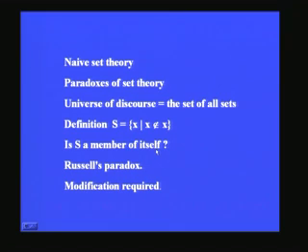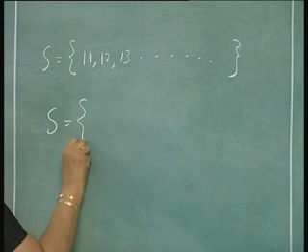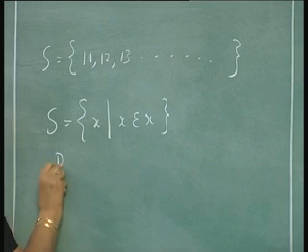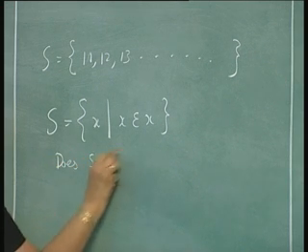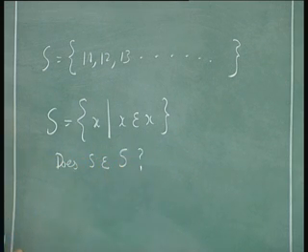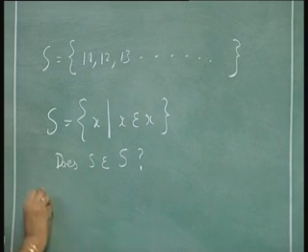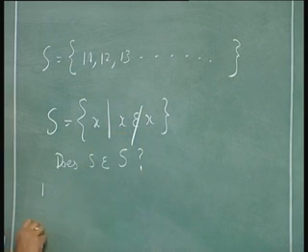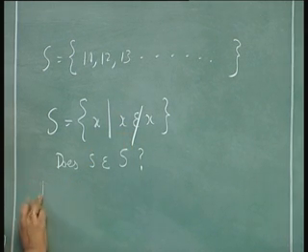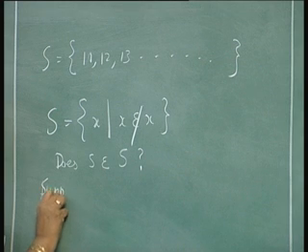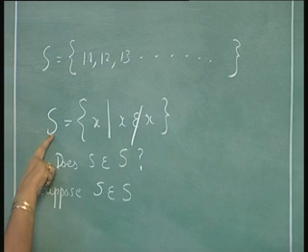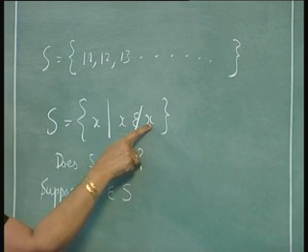What will happen? Just discuss this. S is equal to {x | x does not belong to x}. Does S belong to S? This is the question. Suppose S belongs to S. S consists of all sets which do not belong to themselves.